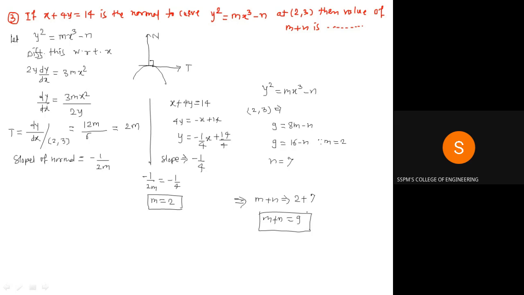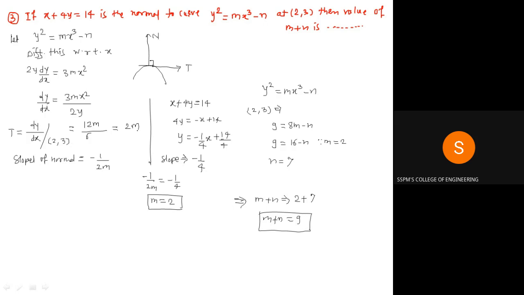Right na? So here in this example, equation of normal is given, and this normal to curve y square is mx cube minus n, at which point 2, 3. So when curve is given, need to find their slope. And how to get the slope of tangent? That is what?